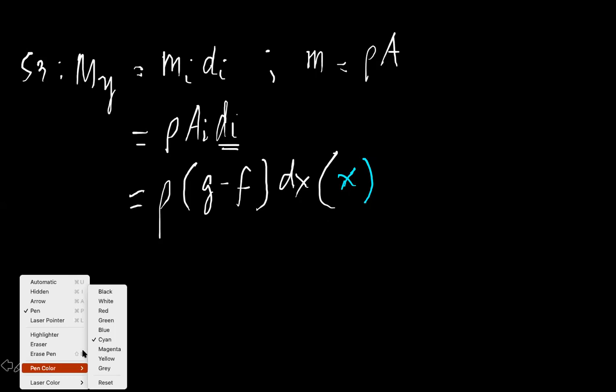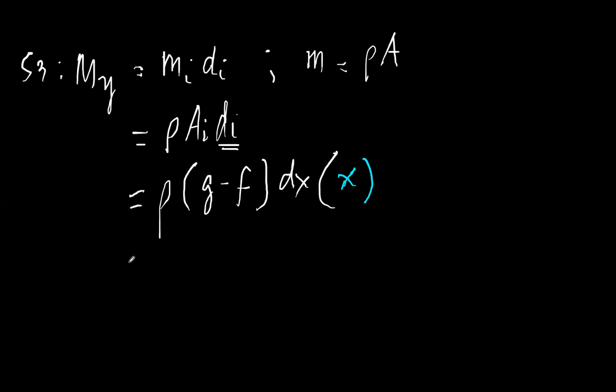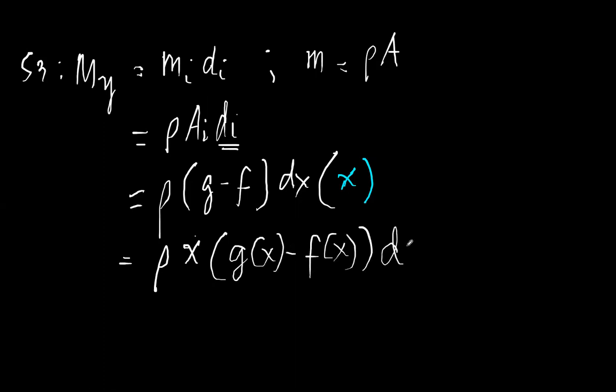Okay, so let's simplify the given expression in order to use the integral. So we have rho times x times g of x minus f of x dx, and this is now our integral from a to b. This is our M sub y, or the moment about the y-axis.